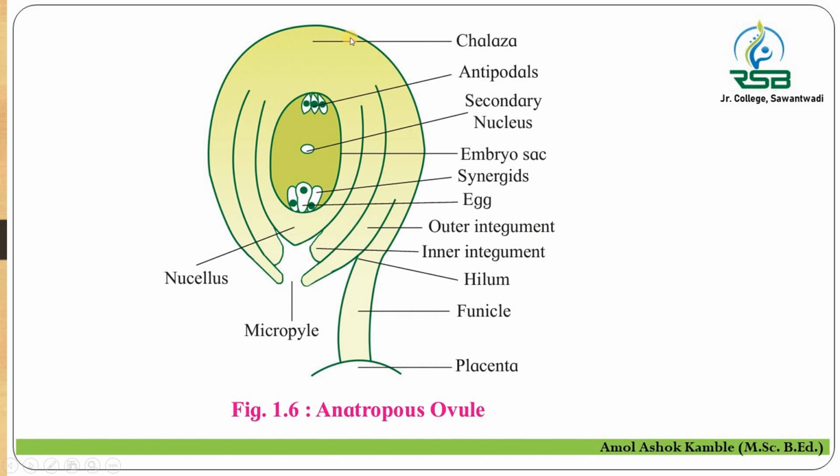Then let us come towards the first part of this anatropous ovule, that is the stalk. Here the stalk of the ovule is called the funicle or funiculus. स्ट्रक्चर क्या है तो? स्टॉक ला काय बोलतात? It is called the funicle or funiculus.